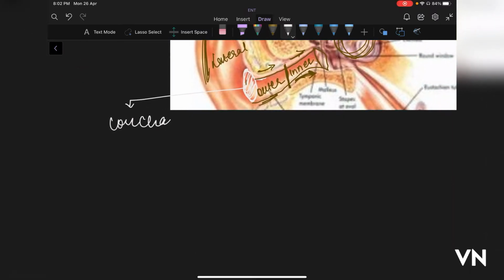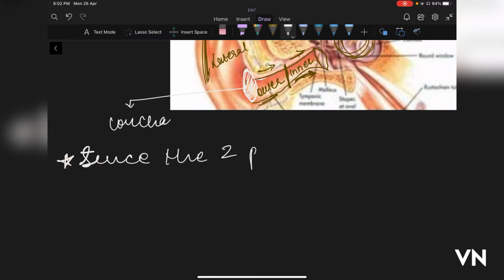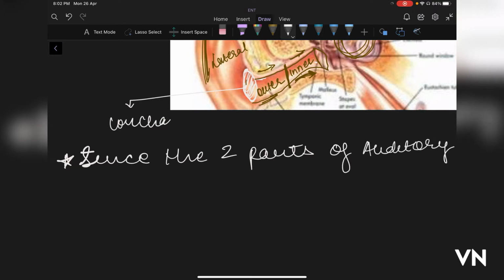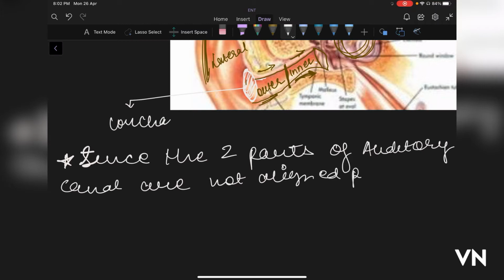Now let us move on. Now, since the two parts of the auditory canal are not aligned properly, therefore what happens?